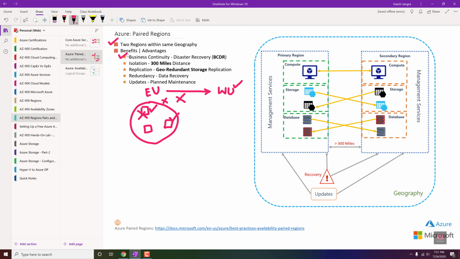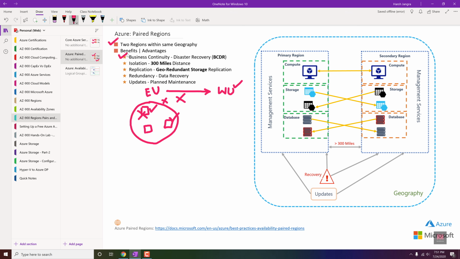So the other region is up and running during that time, and the users won't notice if it is a normal logical failure, but if it is a physical failure, like the whole region is down, then of course we have an option to make sure our resources keep running on the secondary region.